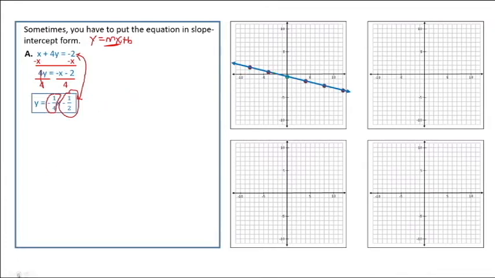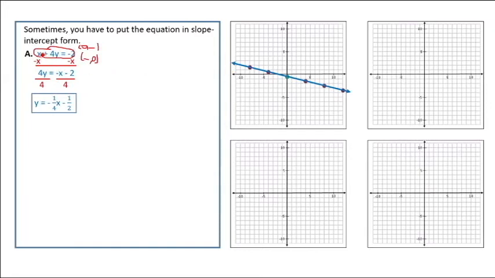Remember, this is not the only way for you to graph this equation, but it is a very quick and easy way. Some of you may have noticed that it is already in standard form. If you wanted to, in standard form, you could plug a 0 in for the x and find the y-intercept, and then plug a 0 in for the y to find the x-intercept, and you would be able to graph that as well. You know what, let's do that.